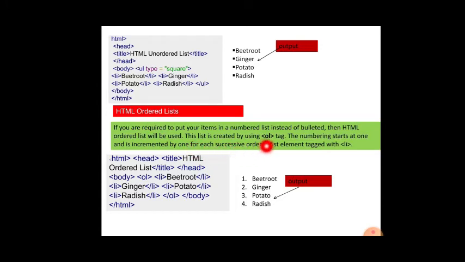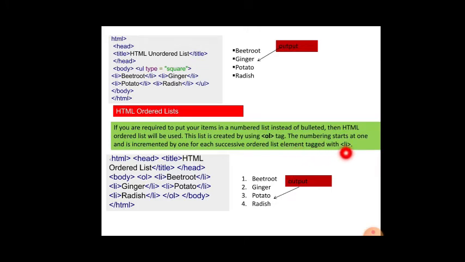This list is created using the OL tag. The earlier one was created using the UL tag, and this one is created using the OL tag. The numbering starts at 1 and is incremented by 1 after each successive ordered list element tagged with li.